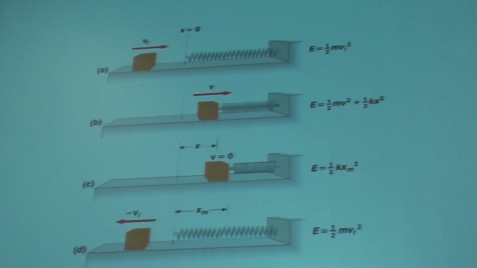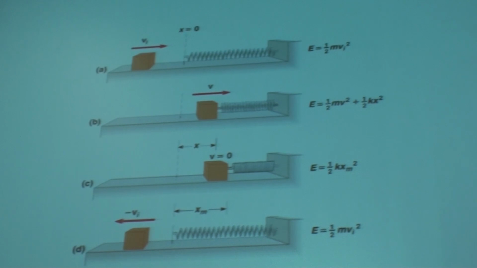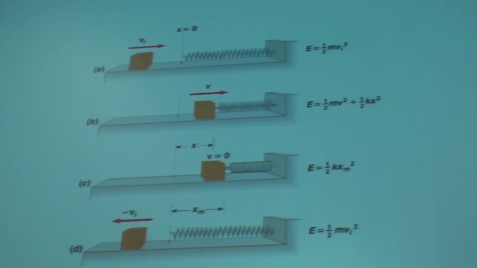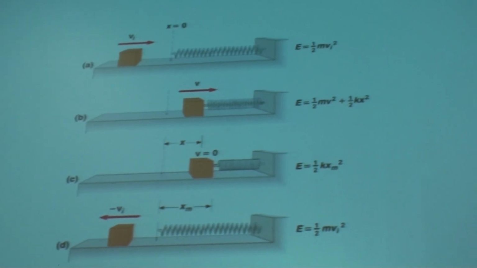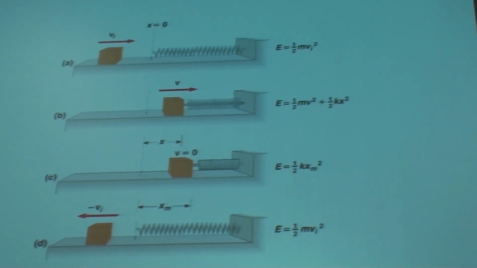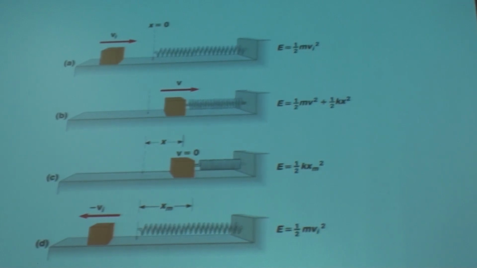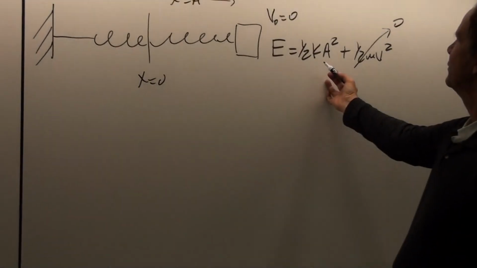So this is x equals 0, and this is x equals A out here. And we release this from rest with an initial velocity that's equal to 0. Then this gives us the total energy is equal to 1/2 k A squared plus 1/2 m v squared. But the velocity is 0 at the maximum point, so all of the energy is potential.